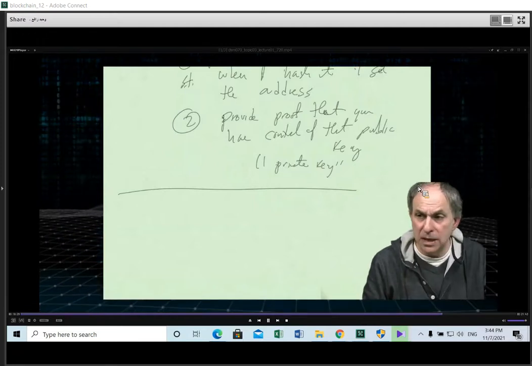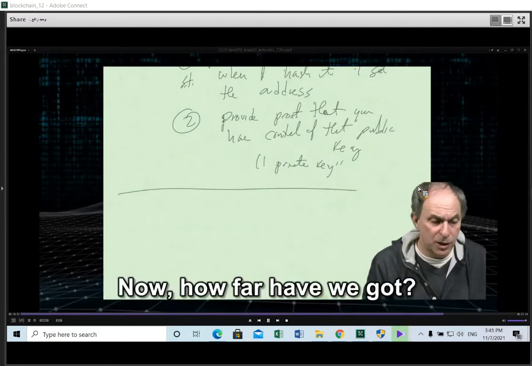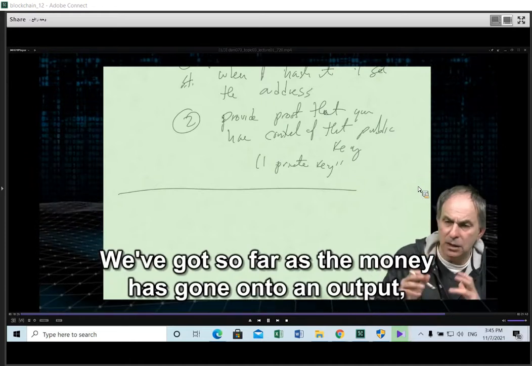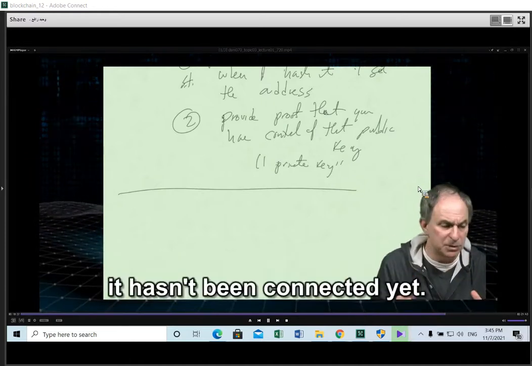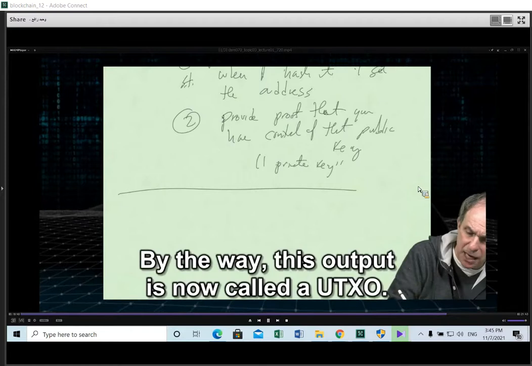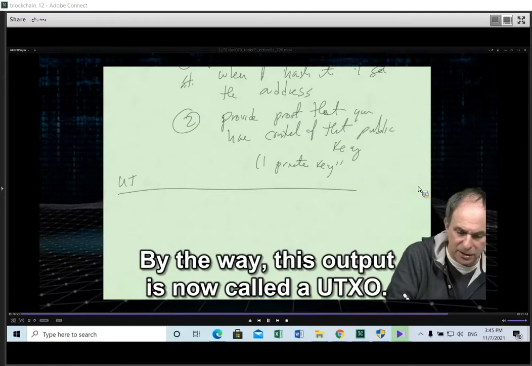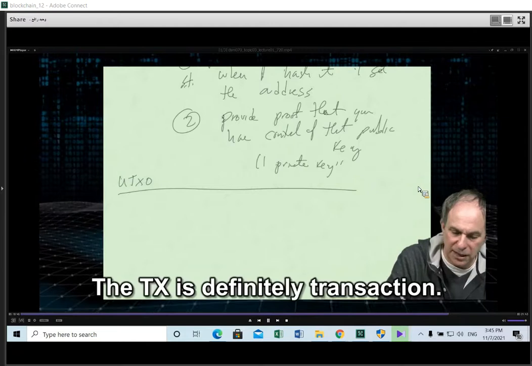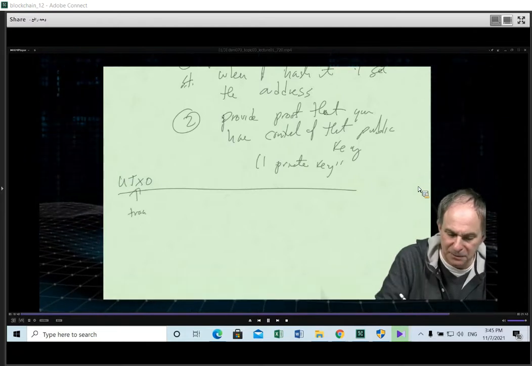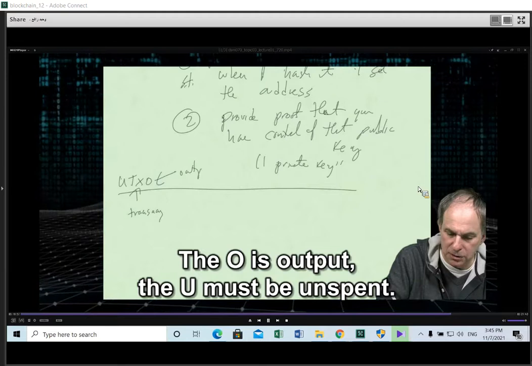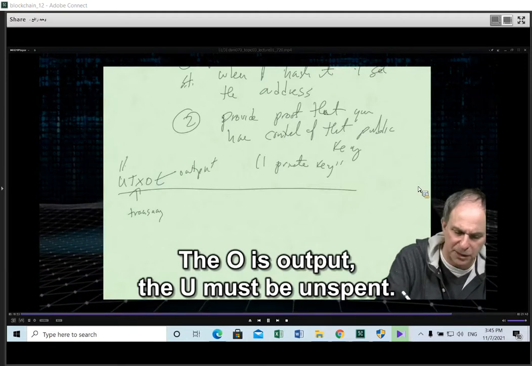Okay, so how far have we got? We've got so far as the money's got onto an output. It hasn't been connected yet. And by the way, this output is now called a UTXO. So the TX is definitely transaction. The O is output. The U must be unspent.